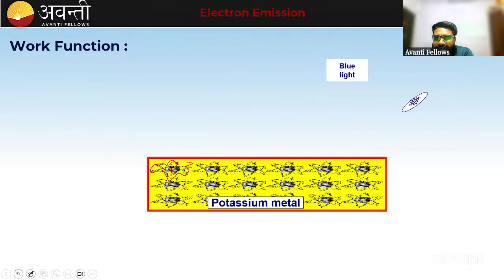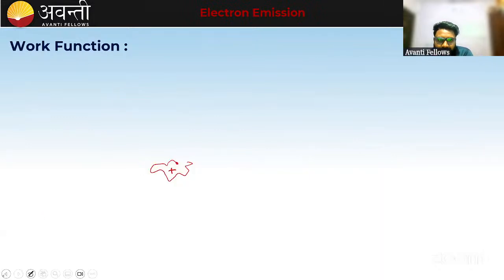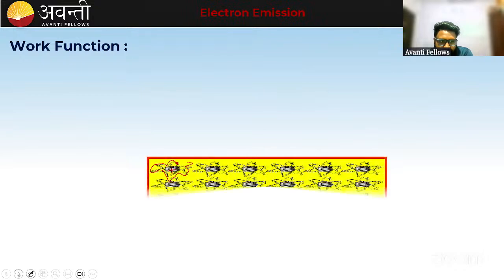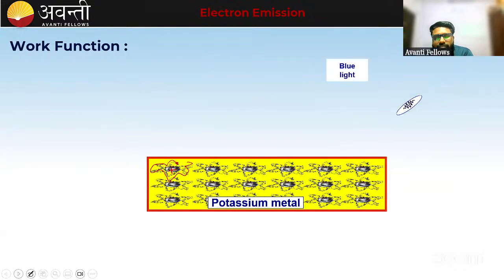Now blue light has come. These are the packets of blue light of energy. Green light has come and it is absorbed by one of the free electrons, and then electron emission is possible for both the cases. In the previous one, just a second, if the blue light is also coming, then also the emission is happening.